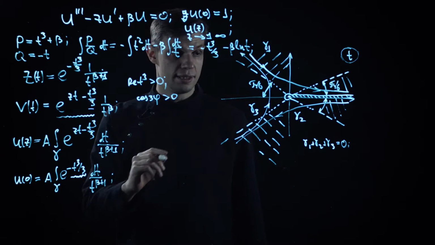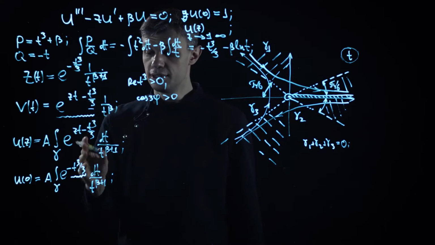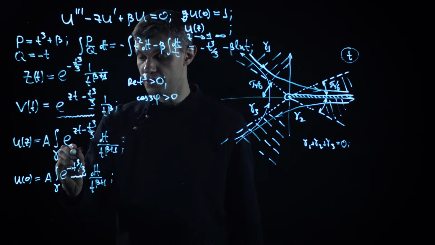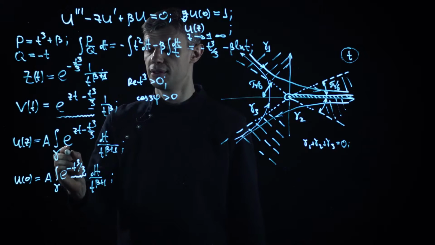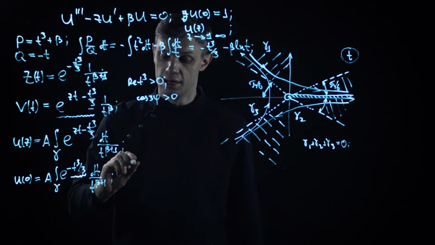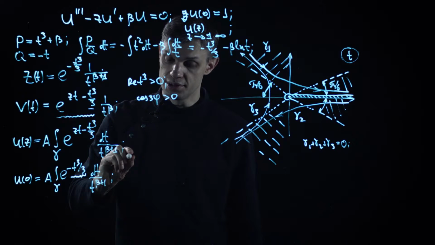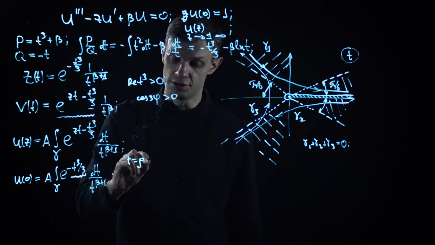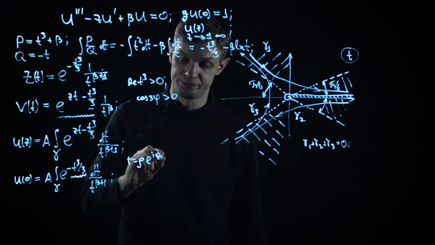But let's find the arguments of the t variable such that the exponent is a real number. So t is equal to the modulus of t times e to the i phi.